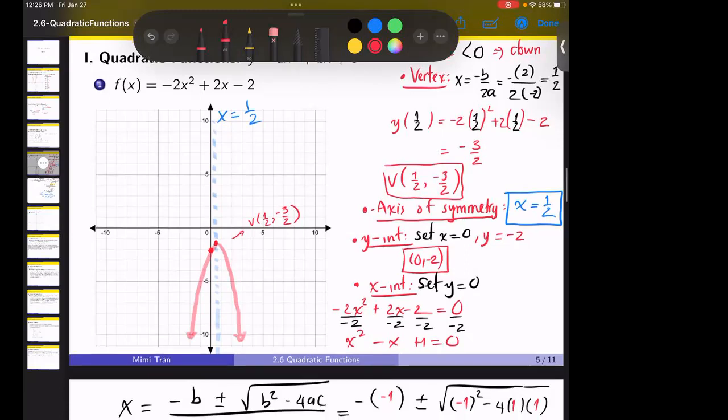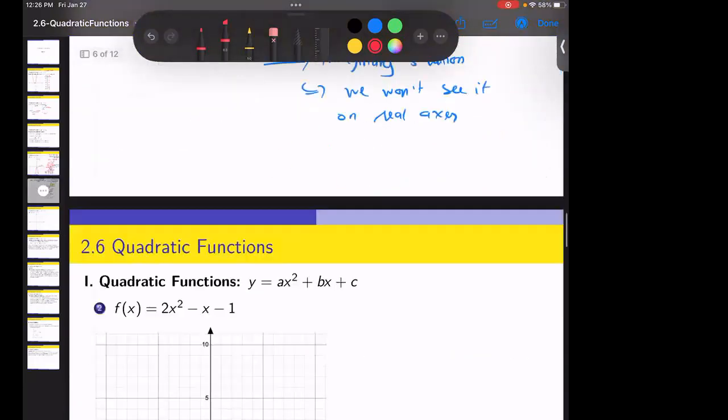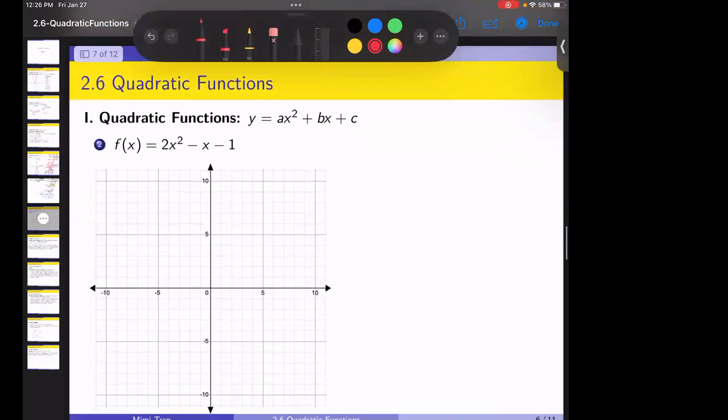Is there any question before we move on to the next one, which is a similar thing but friendlier? Okay, I want you to do this one. Same thing, and answer a bunch of questions. On the exam, I'll list them out for you and you just have to answer them. So what is a, and does it open up or down? Vertex.